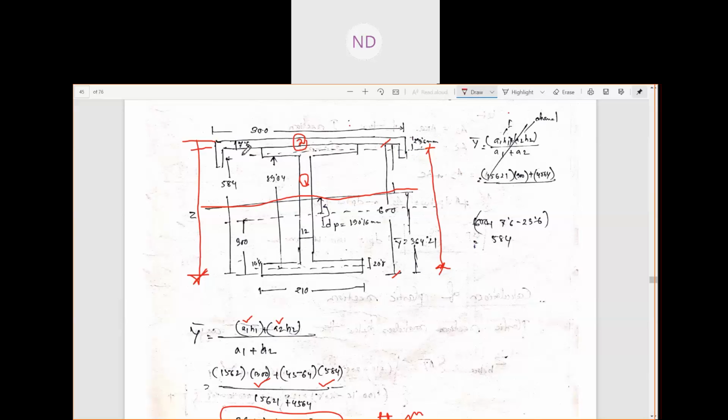So here you see from here to till here, this CG, this one, this distance. You can also see this distance here.